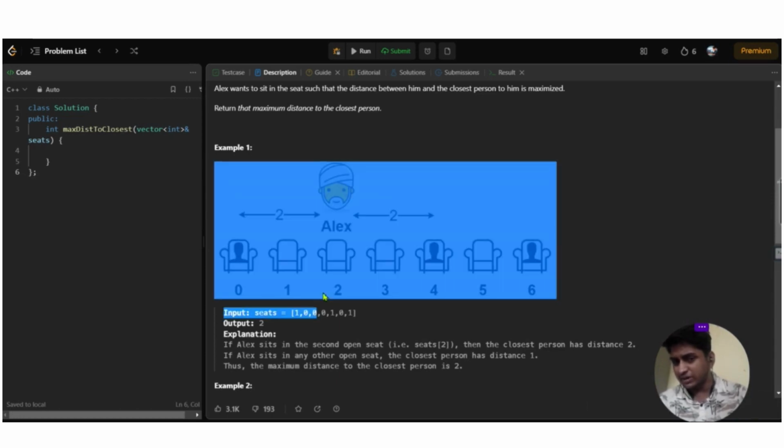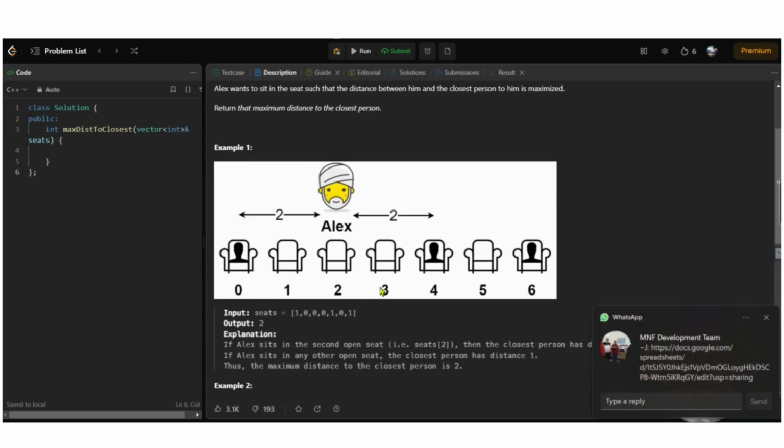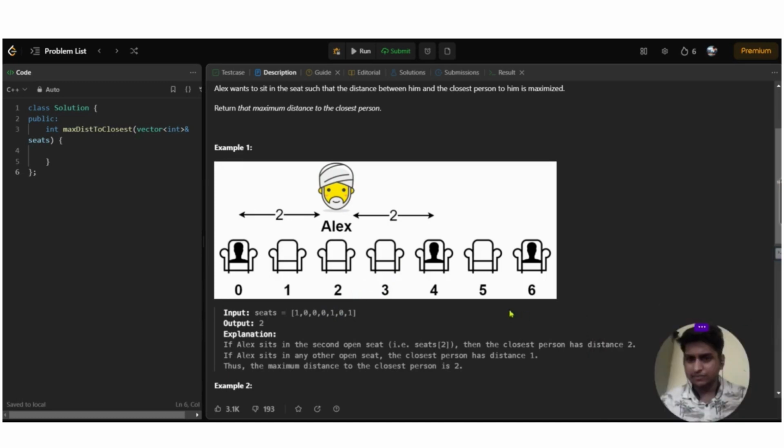At the second index, the value is again 0, so it is also empty. Similarly at the third index it is 0, so it is empty. At the fourth index the value is 1, so someone is sitting at the fourth index. At the fifth index the value is 0, and at the sixth index the value is 1, so someone is sitting at the sixth index.